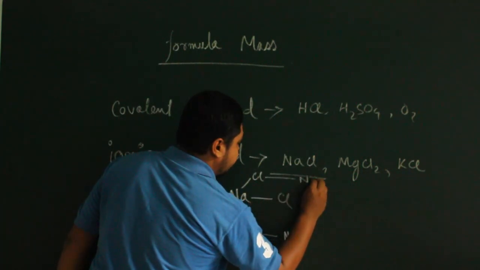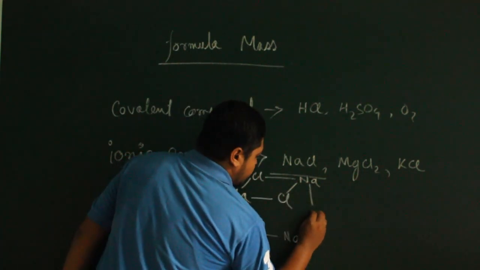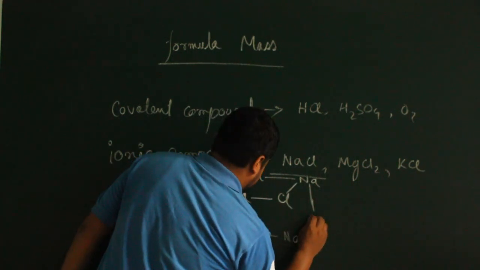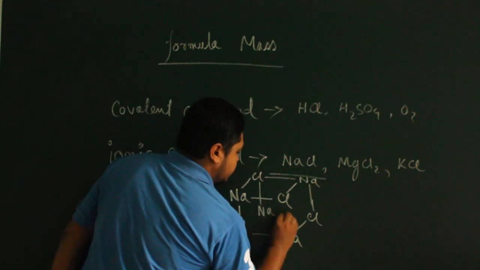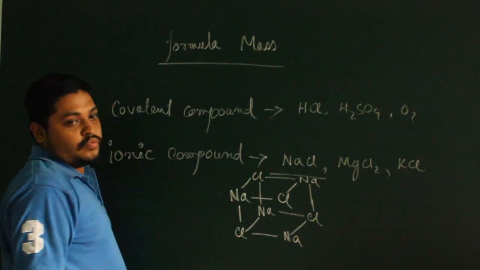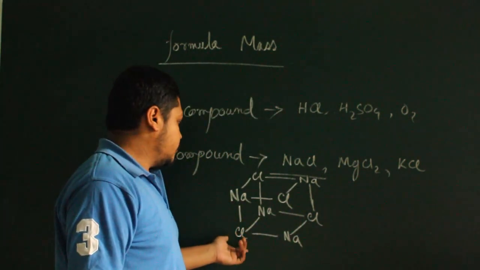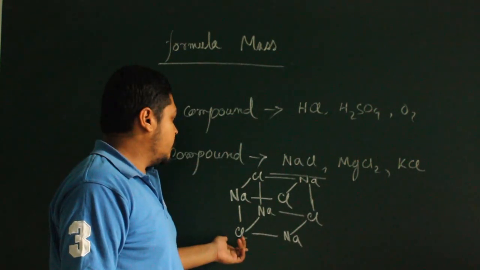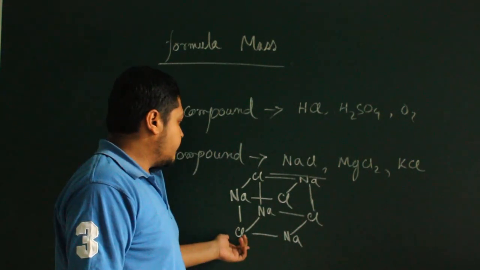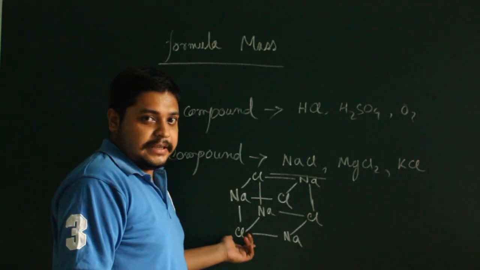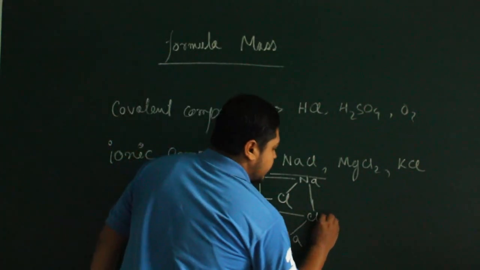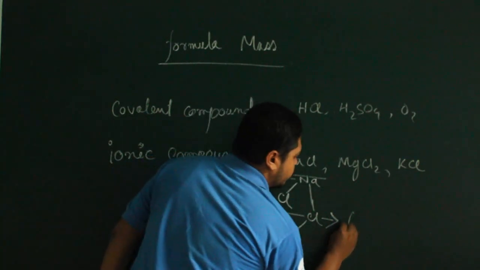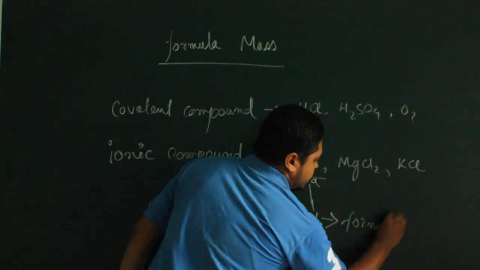In case of a crystal structure, no molecular formula is observed. So this is the sodium chloride crystal, and a crystal system is present in this compound. So in case of an ionic compound, formula mass is used.